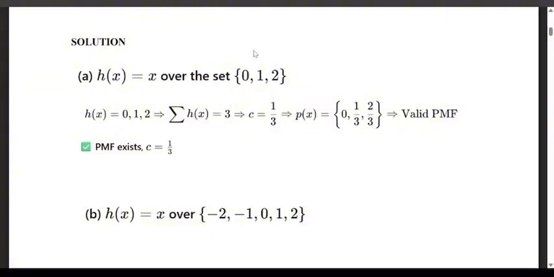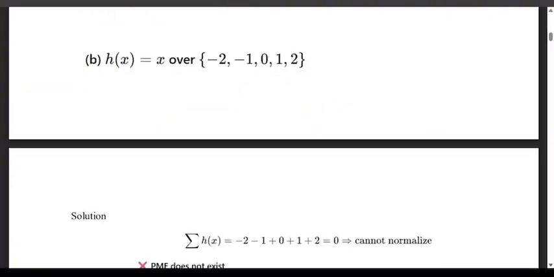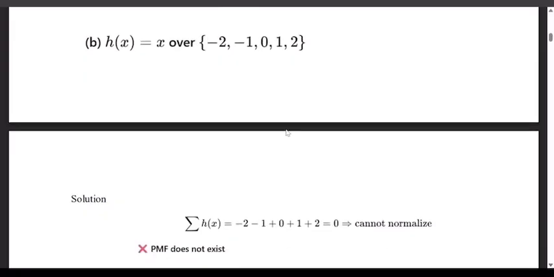Okay, so let's go to the second question. You're going to do the second question the same way. Having a constant function, you're still going to have all of these.